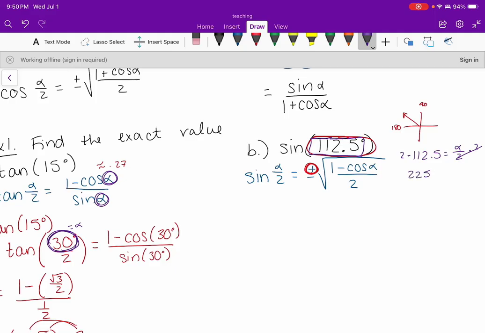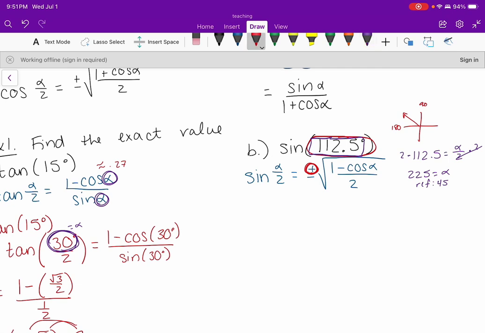This gives me 225 equals alpha. And 225 has a reference of 45. So that's why we want to use this identity, because instead of dealing with 112.5, we're dealing with 225, which has the reference.